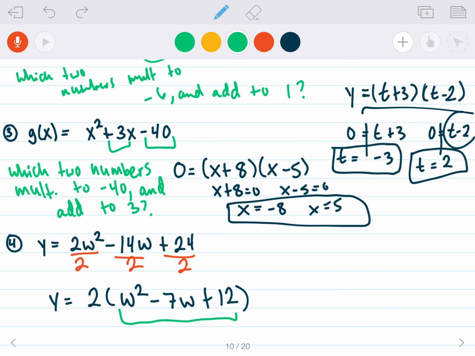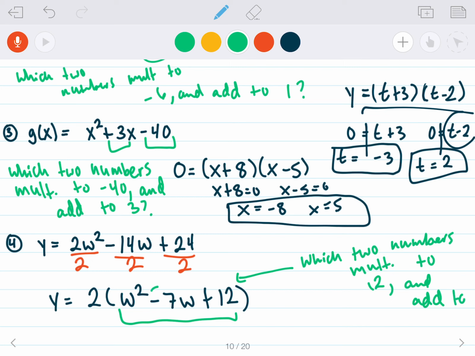What you're asking yourself right here is, which two numbers multiply to your C value, which is 12, and add to your B value, which is negative 7? And we have to be in this form to do this trick. We have to have A being 1 to do this. That's why we couldn't do it before; we had to pull out that 2.